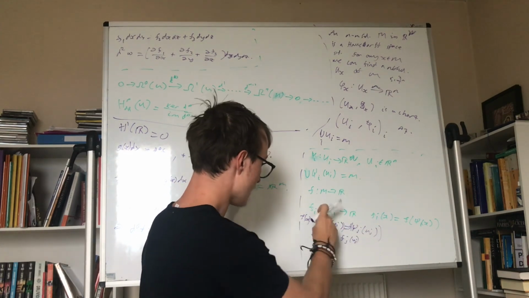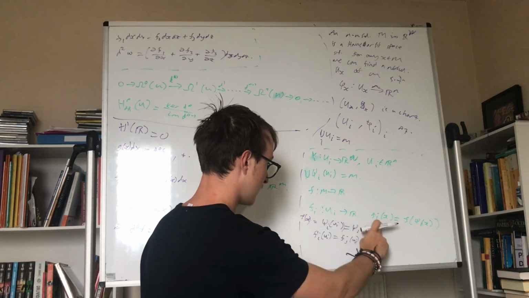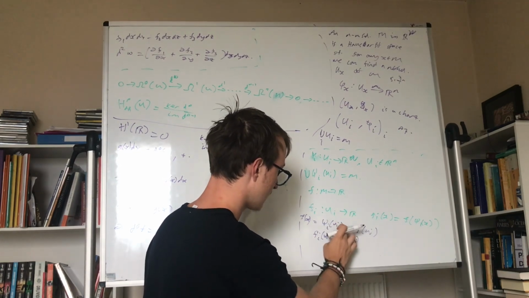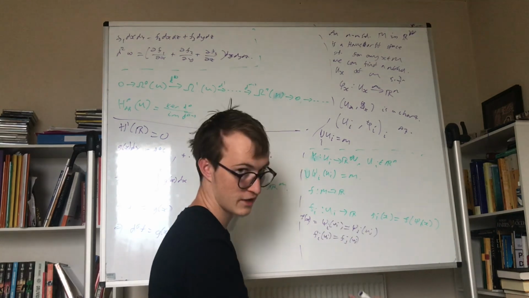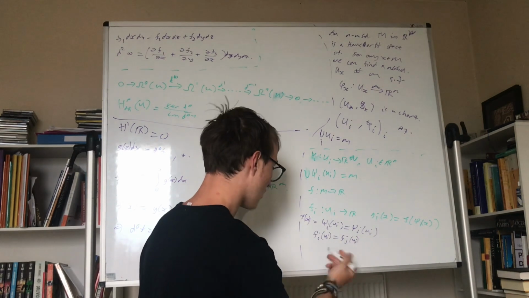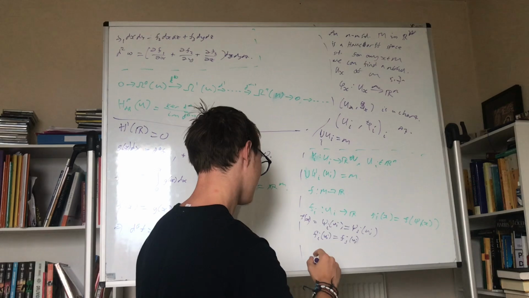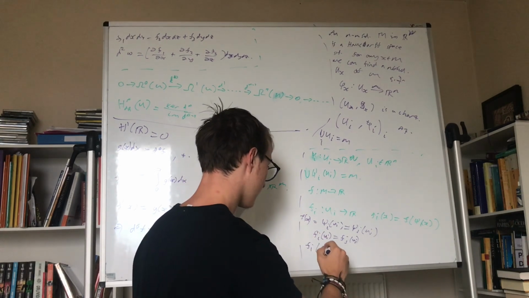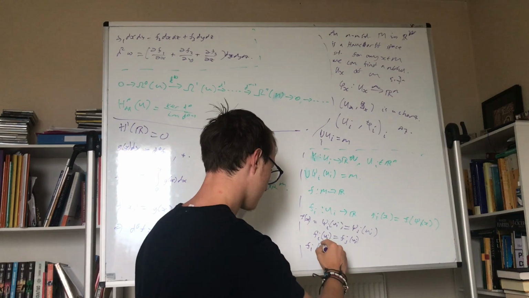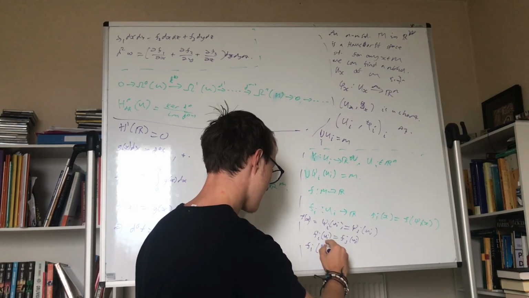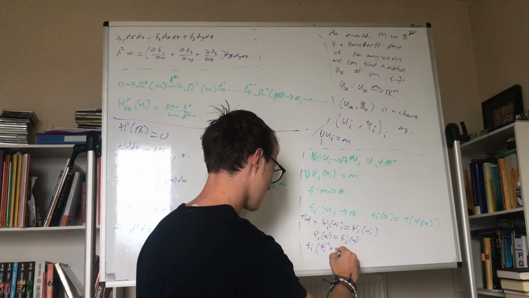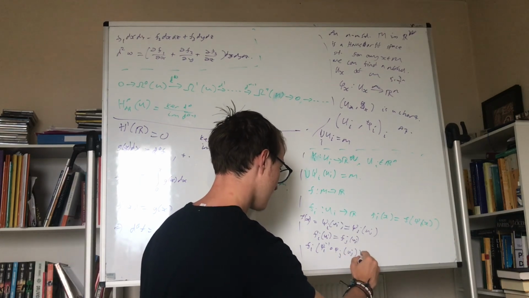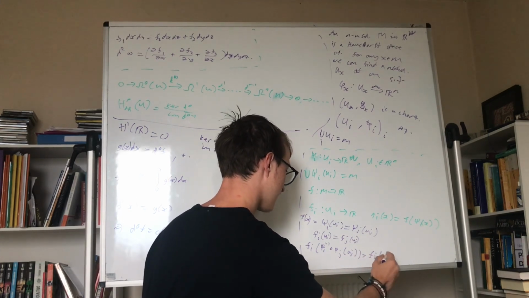So now, since ui is just that thing that I said before, what we have is fi of psi i inverse compose psi j of uj is equal to fj of uj.